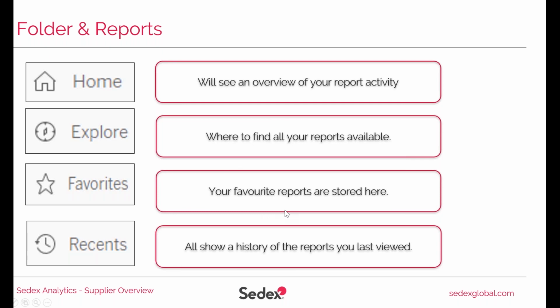Favorites is where your favorite reports are stored, so you can make any report your favorite report, and then it will just sit in the favorites folder, so you can click on that in future instead of having to go all the way through the folders to get to your report. The Home tab shows you an overview of information, and then the Recents tab is any recent reports you've last viewed. It would just show you in there. So that's another way you can navigate. But to be honest with you, Favorites and Explore are probably the ones you would use.